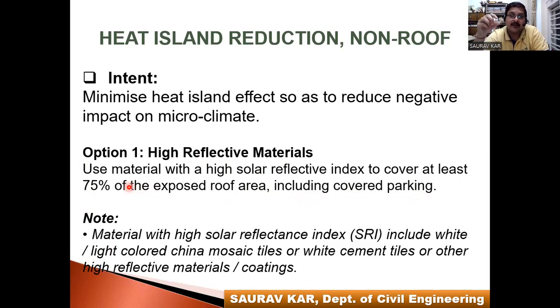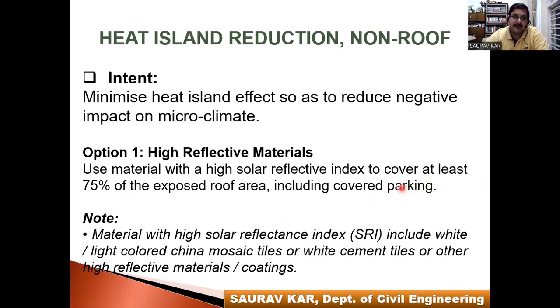It keeps the temperature 10 to 15 degrees cooler compared to other structures. Even on some of the roads in IIT Kharagpur, L&T have used white topping paint, a special type of paint which reflects a huge amount of heat, and the bitumen of the road is saved because the heat is reflected. So reflective materials we should be using.